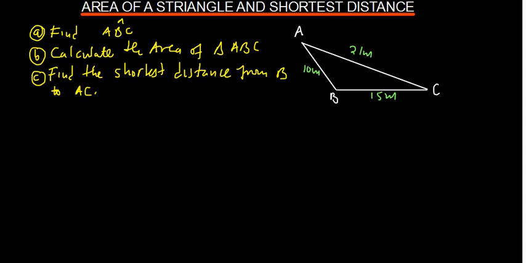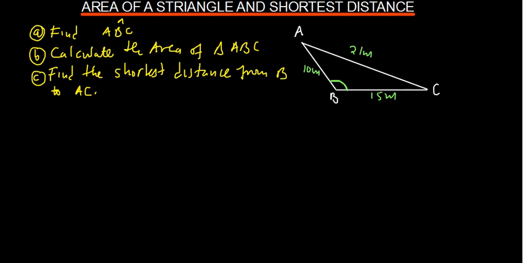We want to find the angle ABC. If we are talking about the angle ABC, this is A, this is B, this is C. You always get the one in the middle, meaning the one we want is this angle here. When you have three sides and you want a missing angle, the rule you are going to use is the cosine rule.